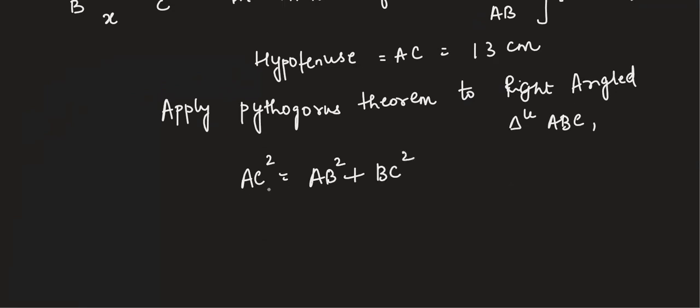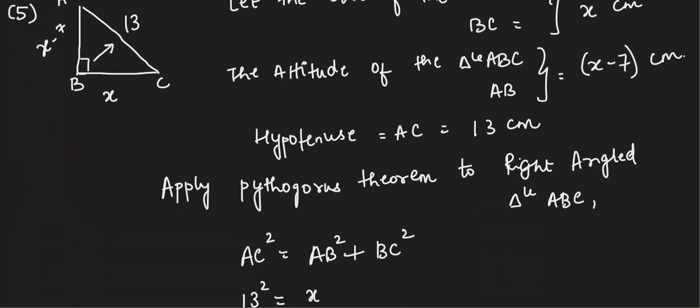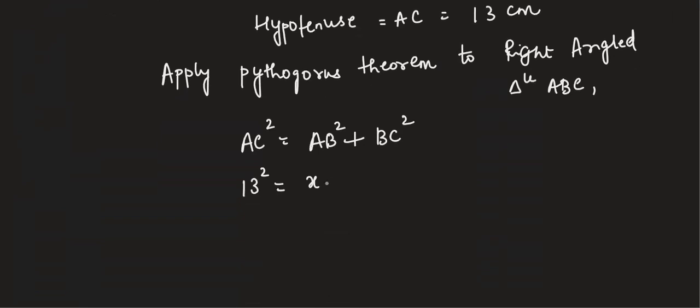Hypotenuse square is equal to perpendicular square plus the base square. So here the AC value is 13. So 13 square is equal to AB square. AB is the altitude here, x minus 7 is the altitude. So x minus 7 the whole square, and the other one, BC, is the base, which is nothing but x square. Now let's remove this bracket.